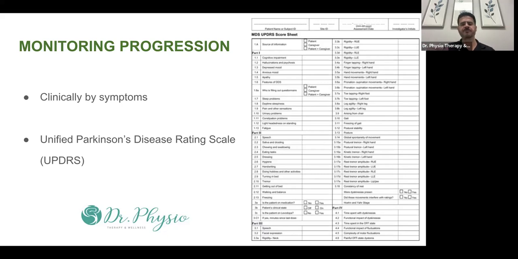For example, they want to check your speech, the rigidity, how you're walking, how you're transferring from a seated position, if there are any tremors, your swallowing, a little bit about the cognitive aspect, and if you have any freezing. Then they will come up with a score, and that gives a little more guidance regarding which stage the patient is.